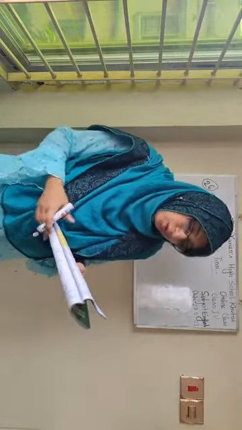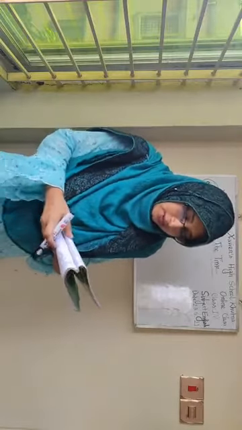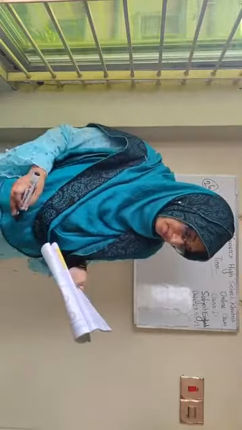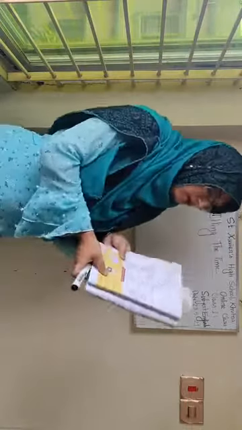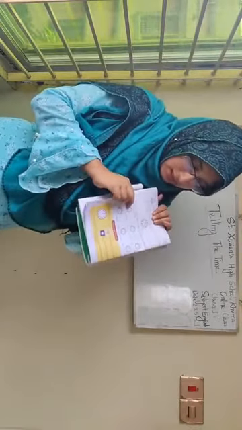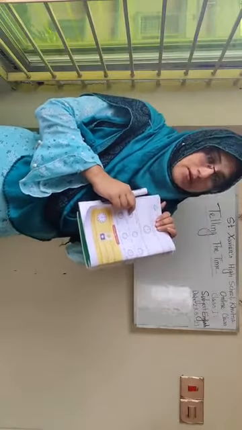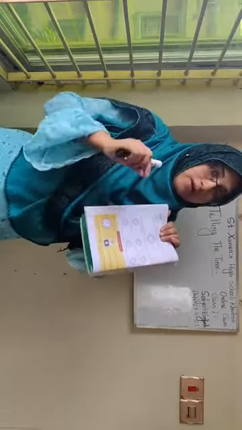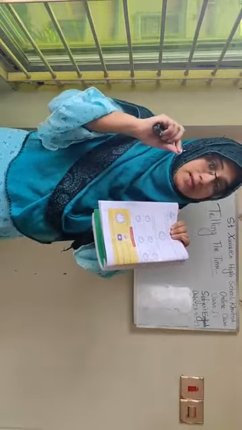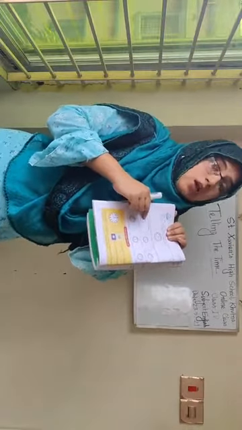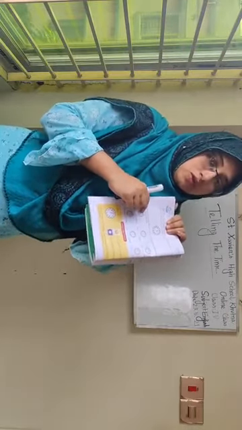Now look at the clocks, say the times, complete the sentences with the correct number. In your textbook you see that it is 5. The small hand is in 5 and the long hand is in 12.